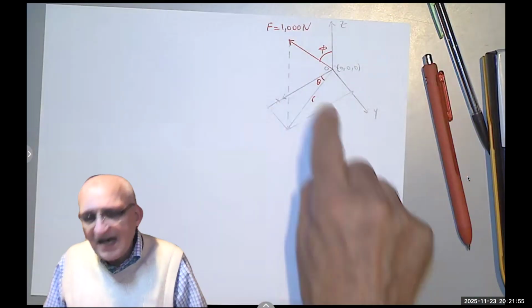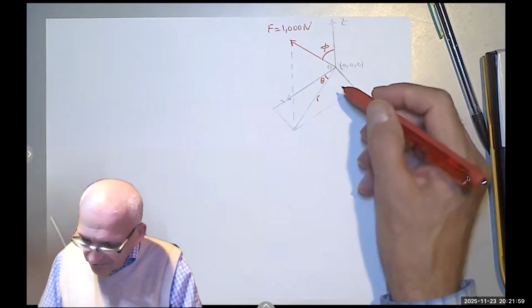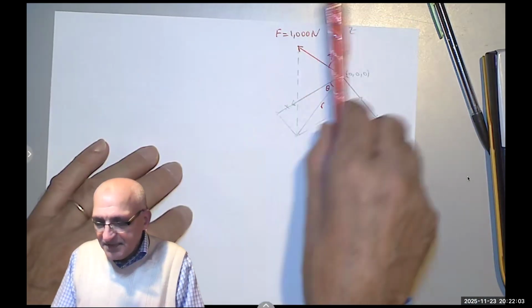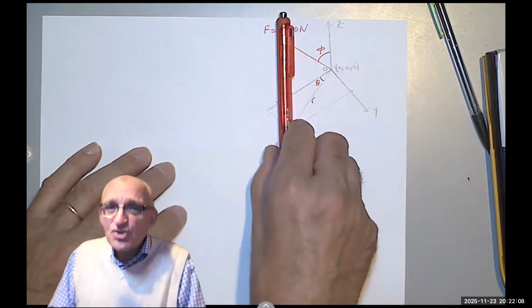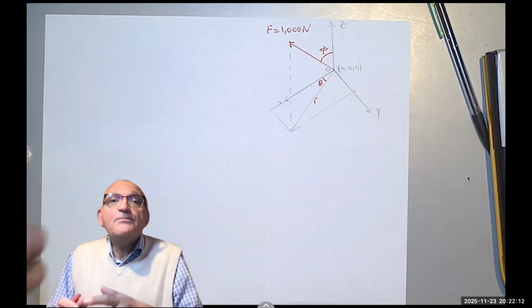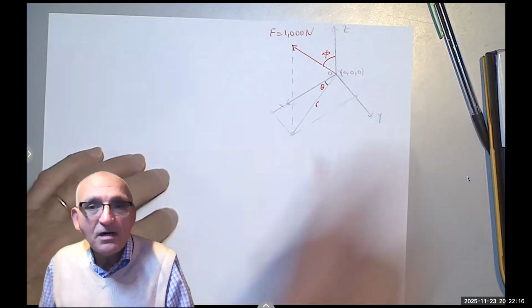The only thing is that how do I find R? Now you can see that this angle is 90 degrees, right? This line is a projection onto the XY plane. So it's parallel to the Z. So it must be perpendicular to the XY plane, meaning perpendicular to all lines in that plane, including R.